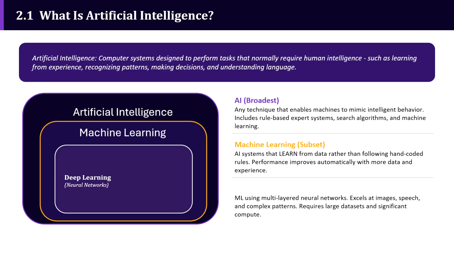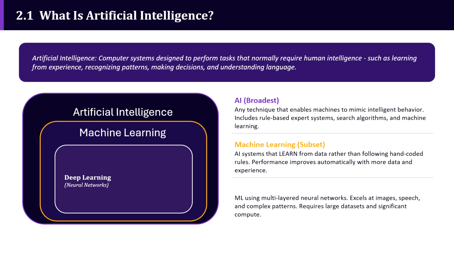Let's start with the terminology, because the confusion between artificial intelligence, machine learning, and deep learning causes real problems in industrial conversations. Look at the diagram on the left. These 3 concepts sit inside each other like nested containers. Artificial intelligence is the outermost.